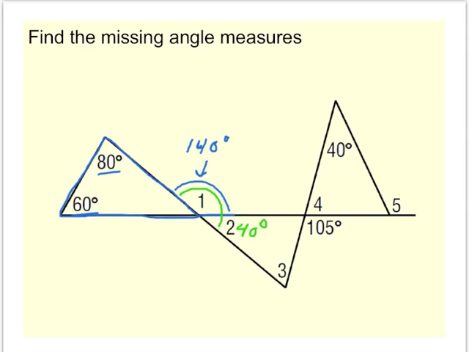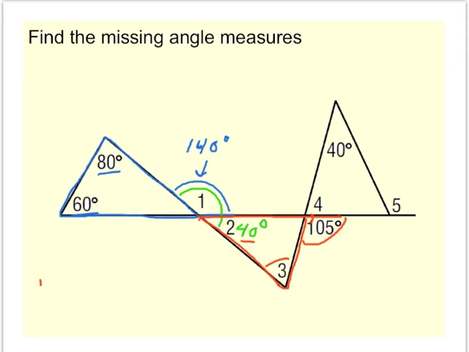Now, to find angle 3. To find angle 3, we're going to use the exterior angle theorem once again. So take a look at this triangle. Now in this triangle, kind of drew that poorly. In this triangle, the red one, I see 105 is an exterior angle, and the remote interiors are 40 degrees and angle 3.